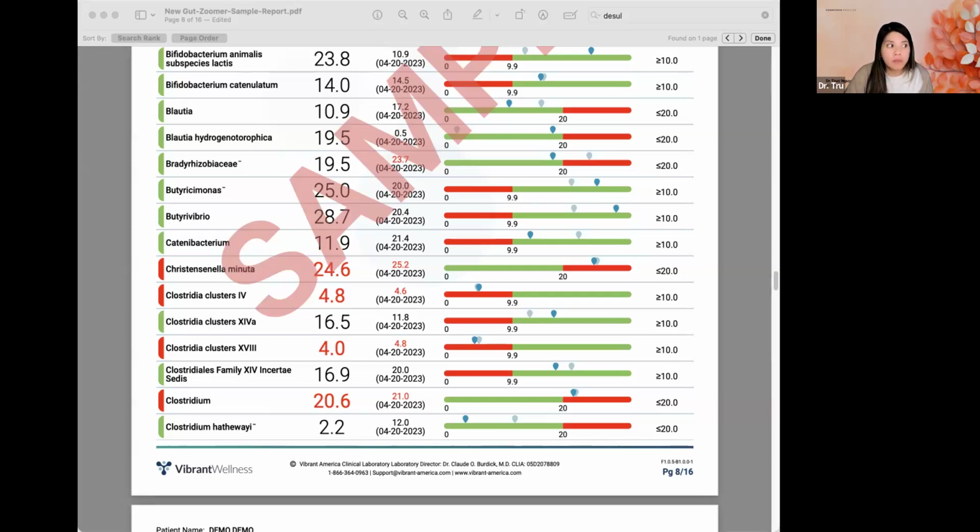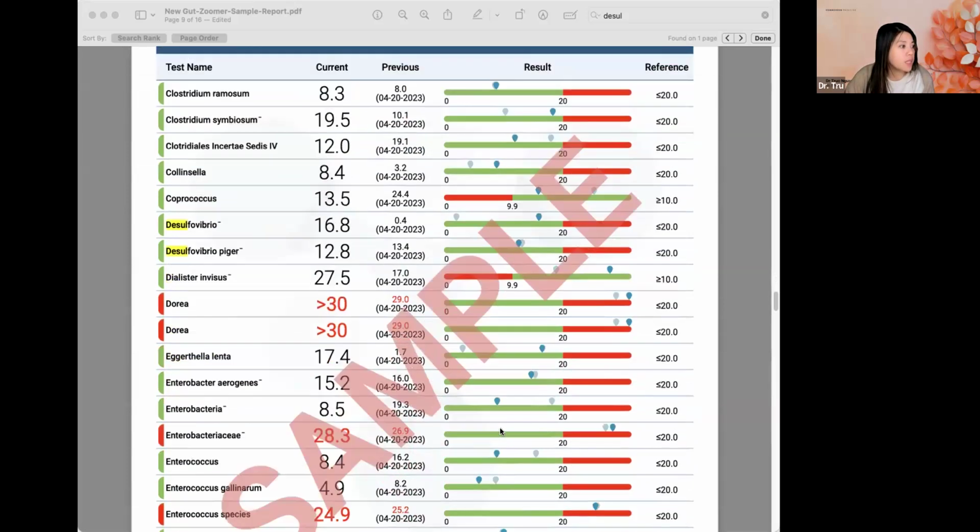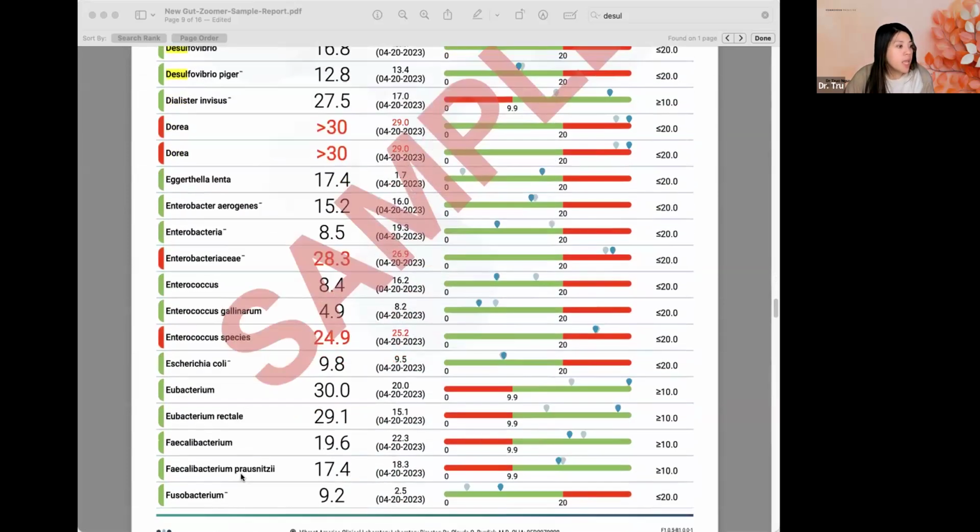So if you don't have a lot of Clostridia bacteria, you're not going to be able to produce a lot of butyrate. And it includes important groups of bacteria such as Faecalibacterium. So if you look down here, Faecalibacterium prausnitzii is the second most important keystone species in the gut, per most of the research that we see and microbiome health experts.